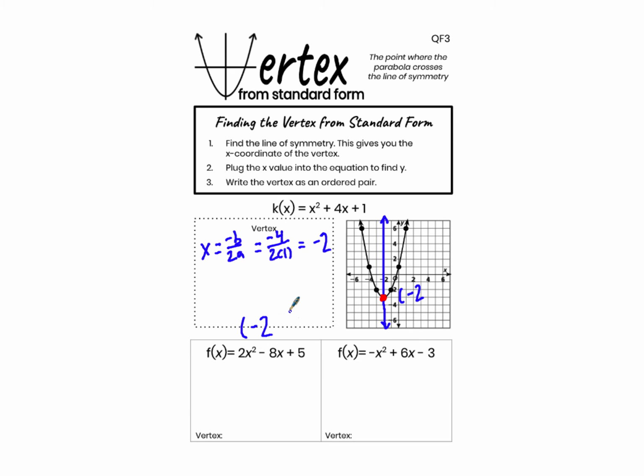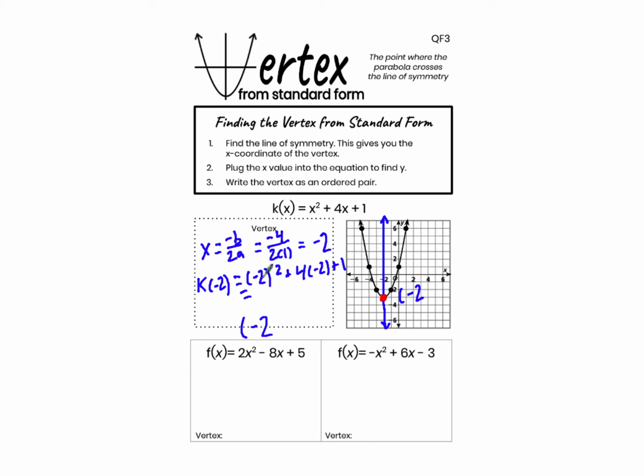In order to find the y-coordinate, I just need to plug that x value back into my function rule. So I'm finding k of negative 2, if you remember function notation. That means the y value, or the output of the function when x is negative 2. So I need to do negative 2 in parentheses squared, plus 4 times negative 2, plus 1.